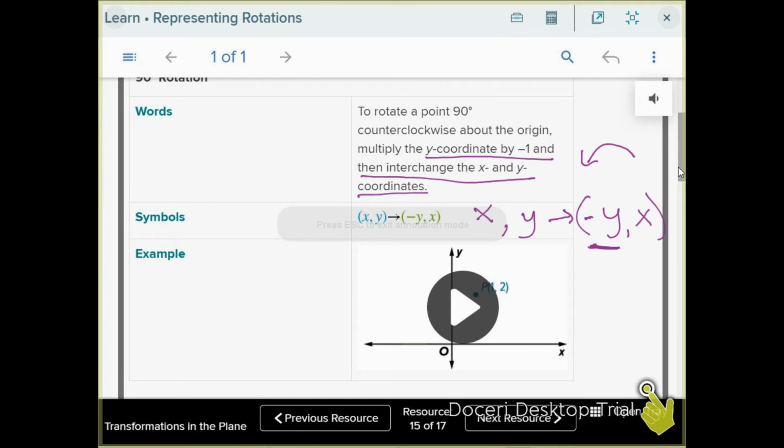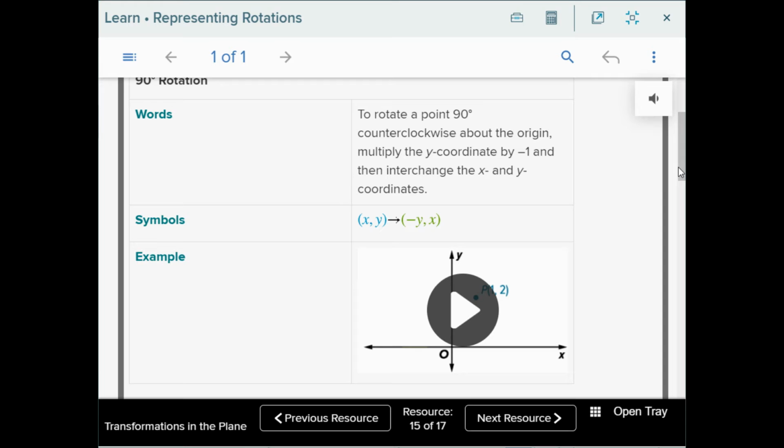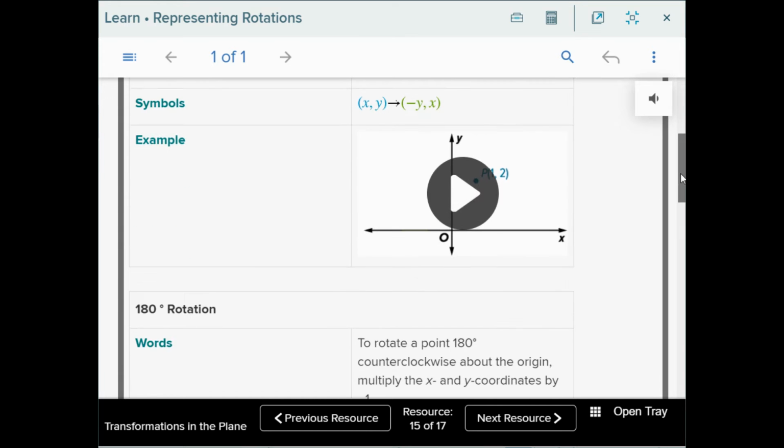If that helps you, keep that in mind, but if not, don't worry about it too much, just remember the rules are right here. It's worth writing this down so that you don't forget. On a test, this would be great to have in your notes. So again, x, y becomes -y, x.